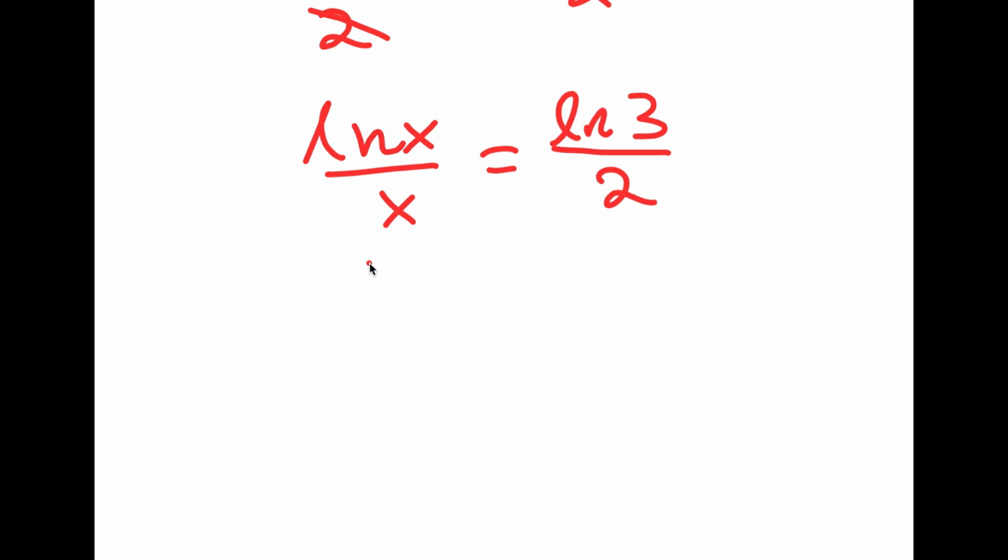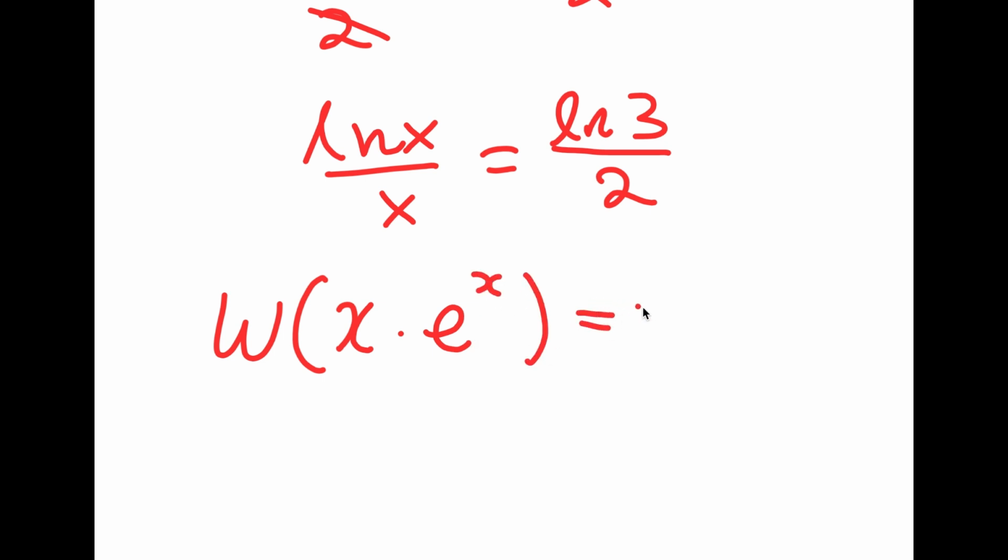Now I am going to tell you about a function that you guys probably don't know about. It's called the W-Lambert function. And the W-Lambert function states that if I take the W of something that's in the form x times e to the power of x, this is equal to x.